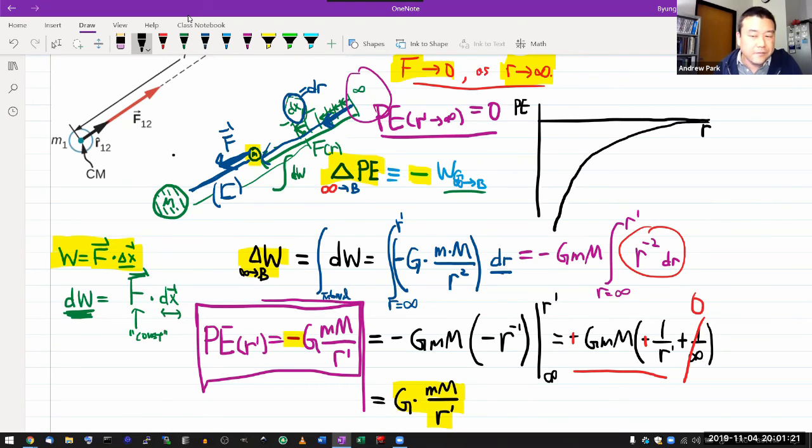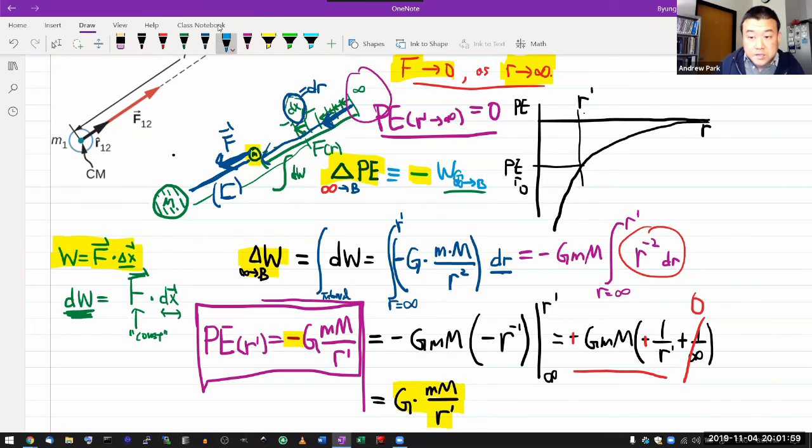R can never actually be exactly 0 for point masses. I hope this makes intuitive sense, in particular that at some finite distance r prime, your value of the potential energy is negative.